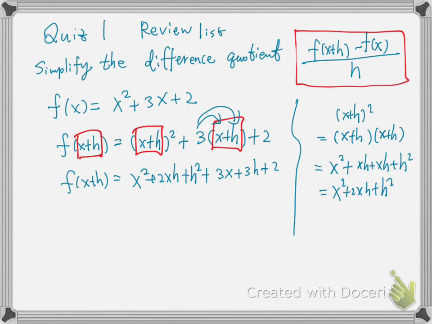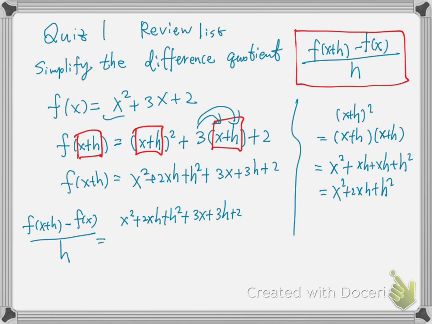So f of x plus h minus f of x: x squared plus 2xh plus h squared plus 3x plus 3h plus 2, and then minus f of x, you just copy the formula of f of x, minus x squared plus 3x plus 2.